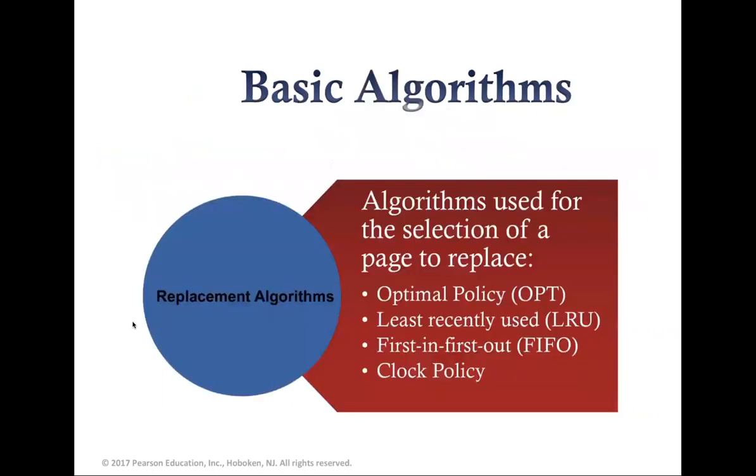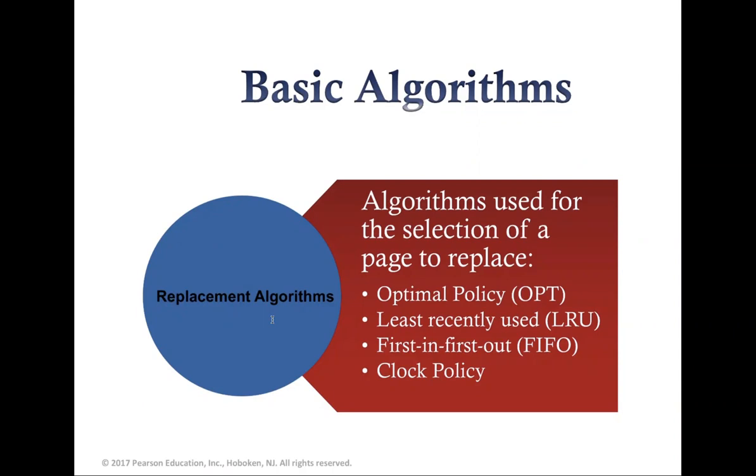Regardless of the resident set management strategies, which I just talked about, which deal with how many page frames are to be allocated to each active process, or whether the set of pages to be considered for replacement should be limited or not to the process that has caused the page fault, there are a couple of algorithms that are used for replacement.